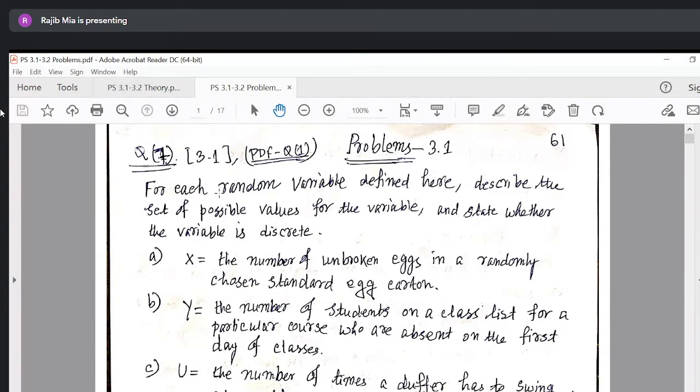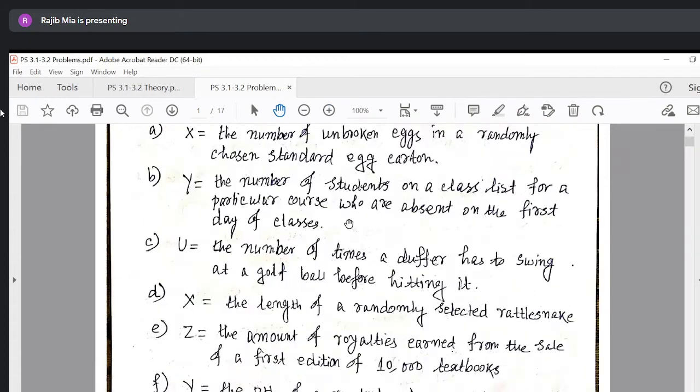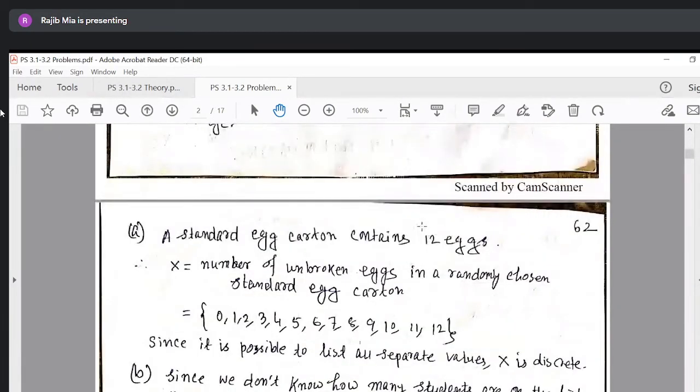Then the value of x will be 0, 1, 2, 3 up to 12, because here x counts the number of unbroken eggs and the total is 12. It may be that there are no unbroken eggs, meaning x equals 0. One unbroken egg, that is x equals 1. Two unbroken eggs, x equals 2, like this. The possible values of x are 0, 1, 2, 3 up to 12. So this set is a finite set. Is that clear? 0 up to 12, only 13 elements are there. So this is a finite set. A finite set means this random variable x is a discrete random variable.